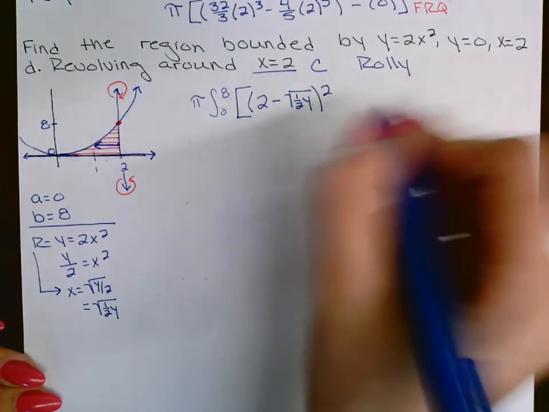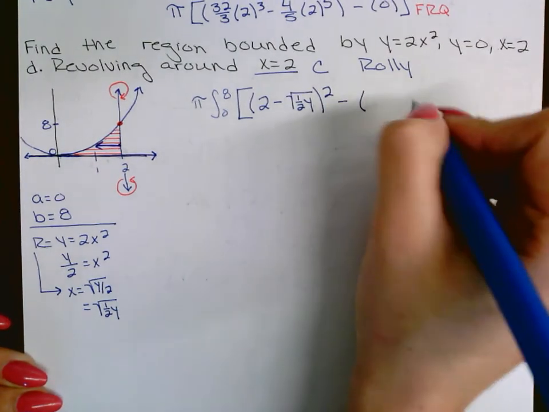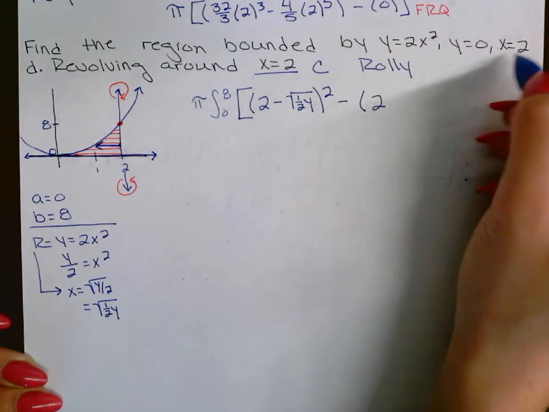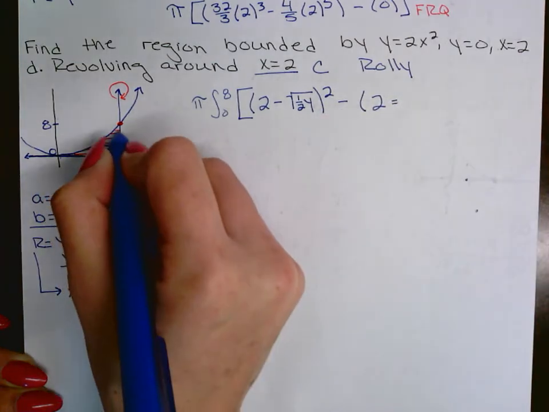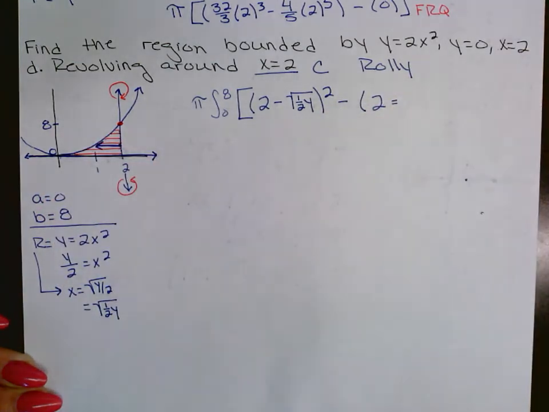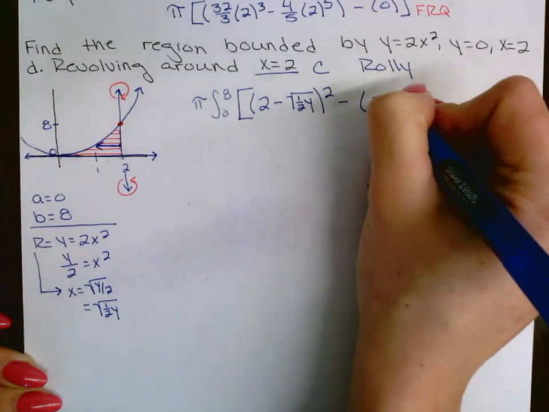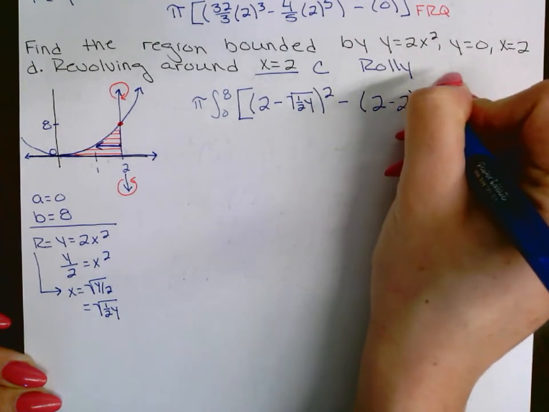And then just to show you in case you didn't catch, my c is 2, and my second function, closest, is also 2.